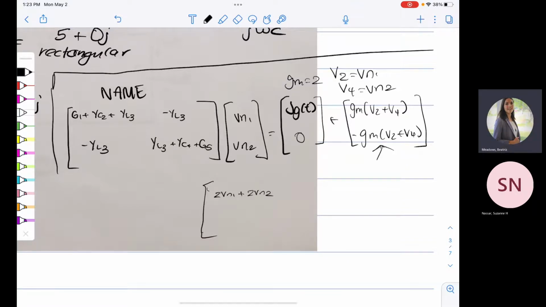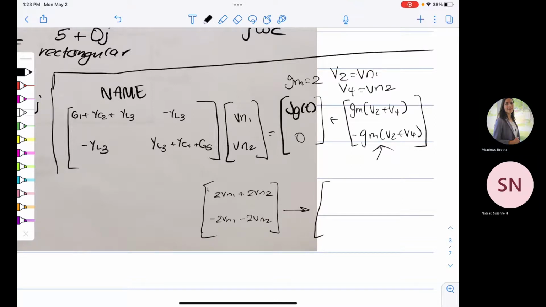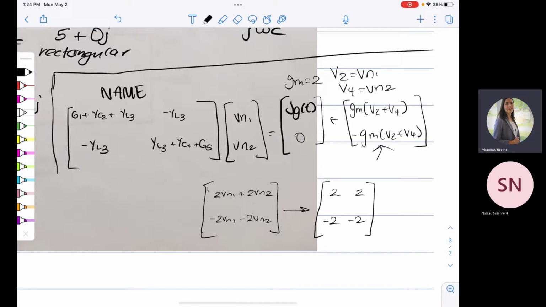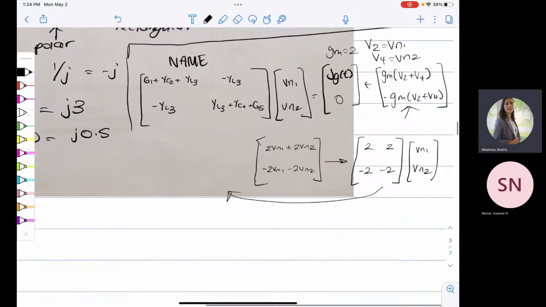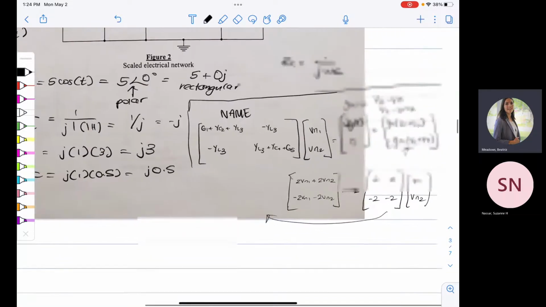And then same thing for the bottom. And that can just translate over to 2, 2, -2, -2, right? And now we can subtract that over to the right-hand side.